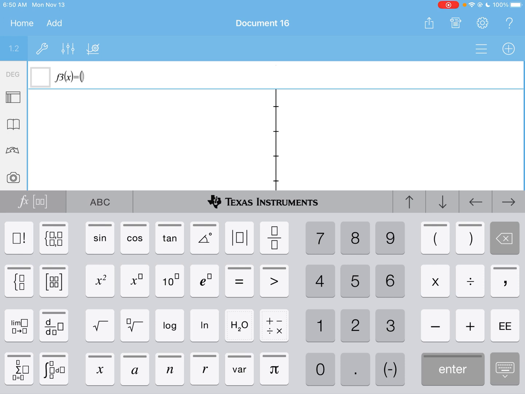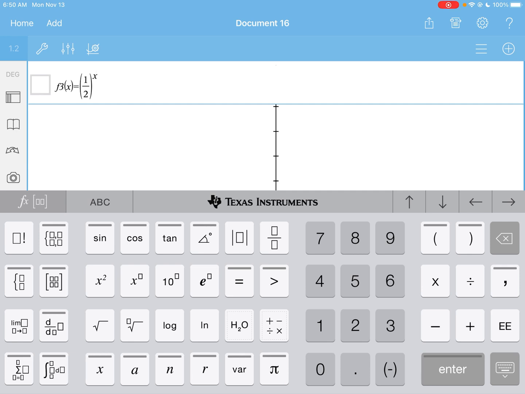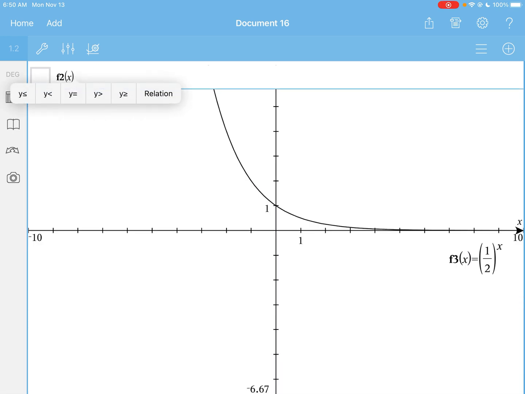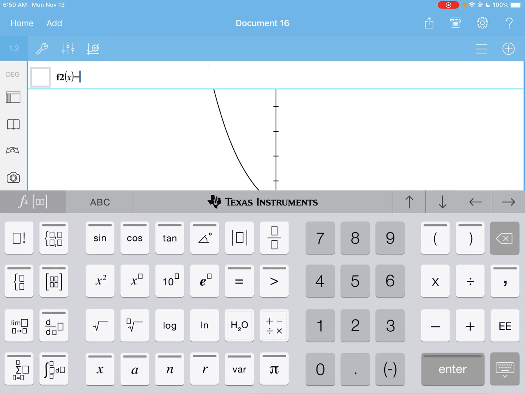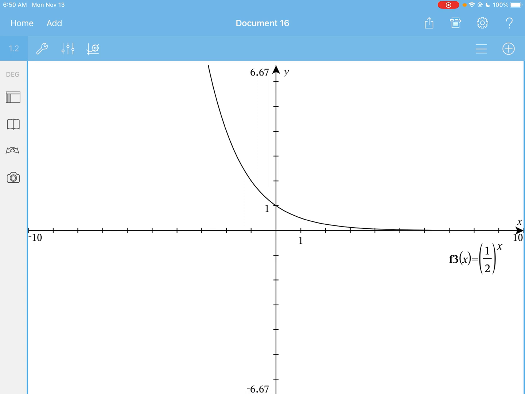So we're going to go ahead and graph them. Our first one is 1/2 to the x power. Oh, let me erase the ones that I have. Oh, it's actually not graphed in blue, it's graphed in black.